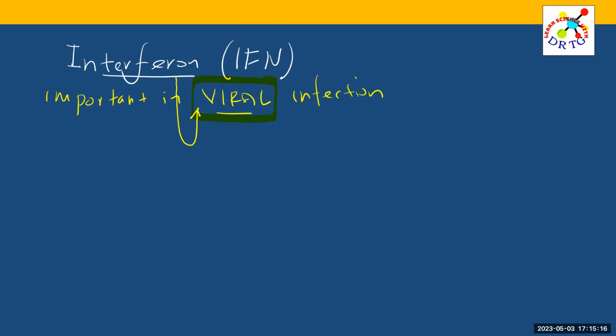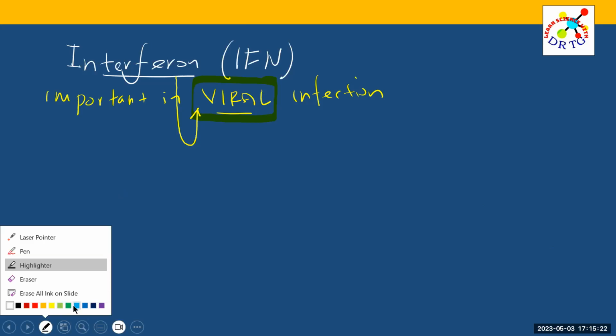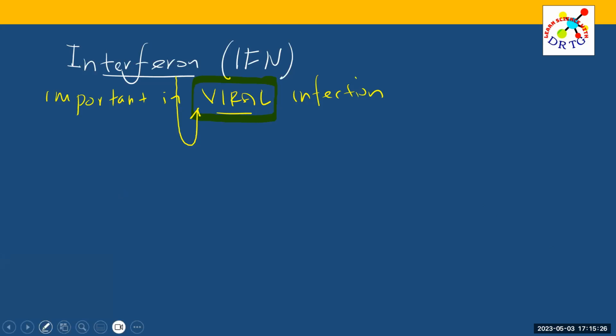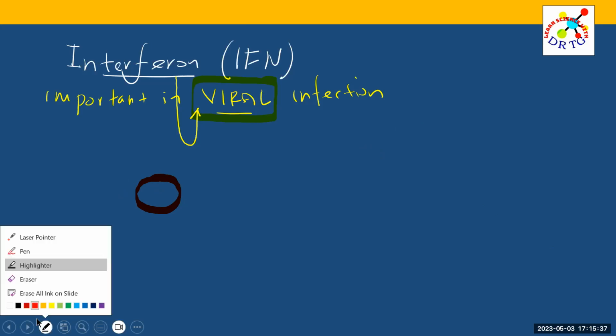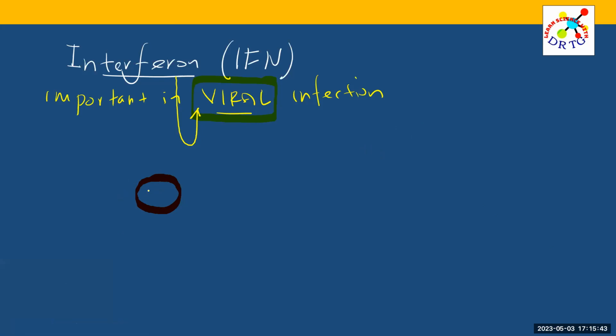Right. If you remember how virus looks like, every virus has similar things. One of the things is they have a protein coat like this. Just a protein coat, and the protein coat protects a piece of nucleic acid inside.